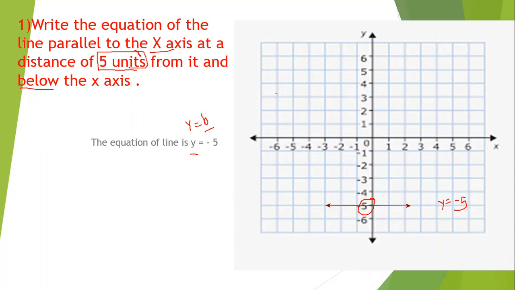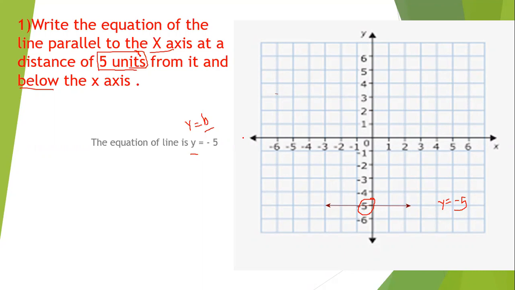Here it is given as 5 units and it is below. Below we have negative numbers, right? So because of that, we have to write -5. In this manner also, you can do it directly without drawing the graph, or you can take the help of a graph and write the equation. In both manners, you can do whichever you feel is easy.